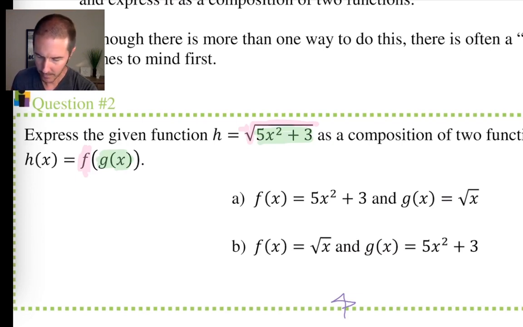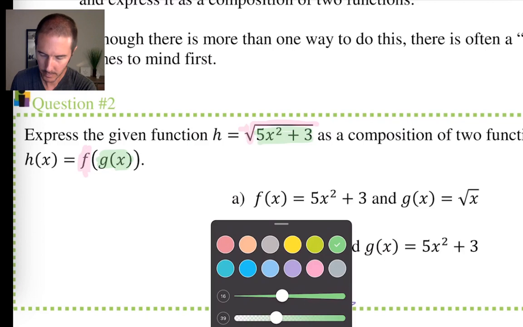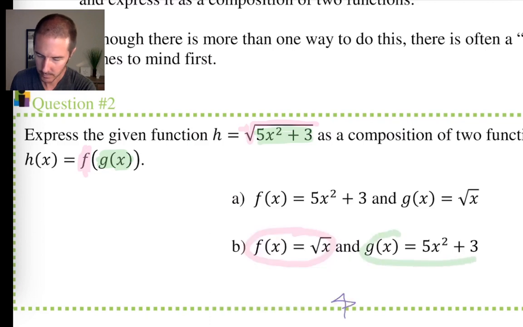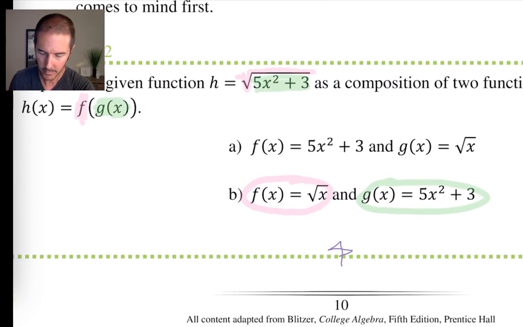Since f is our outer function and it's doing the square rooting, you would declare that f of x equals the square root of x. And then that your inner function is the g function, which is the 5x squared plus 3. It's a little bit confusing, I think, because this says x instead of saying 5x squared plus 3.